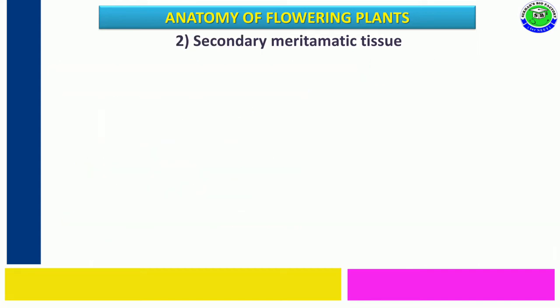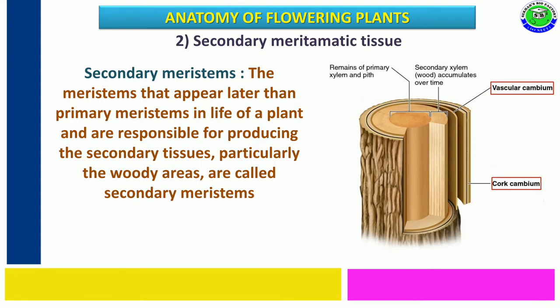The second type of meristematic tissue is secondary meristematic tissue. Secondary meristematic tissue appears later than primary meristem in the life of plants, and it is responsible for the production of various secondary tissues, especially in woody areas.